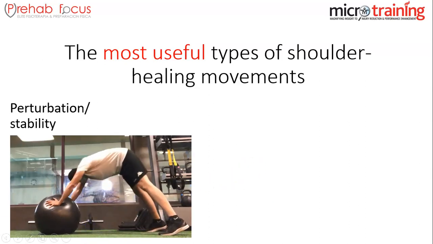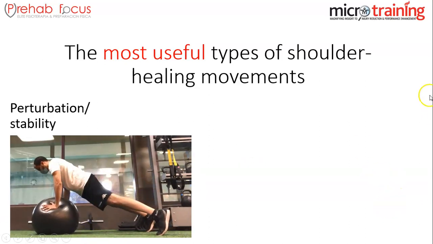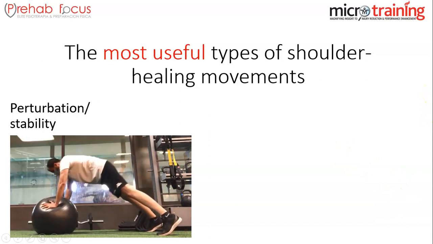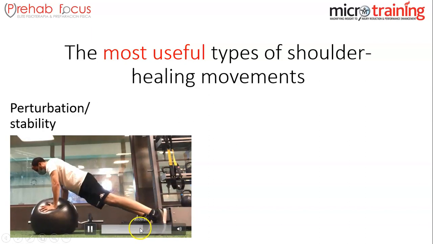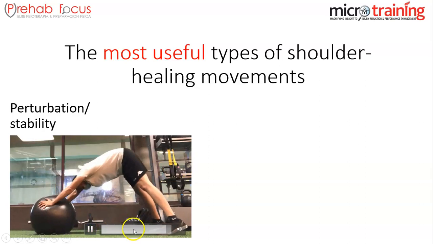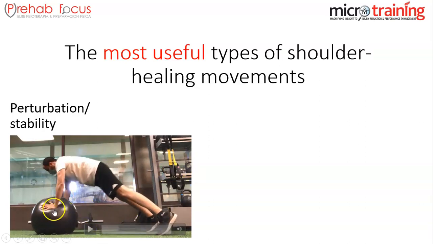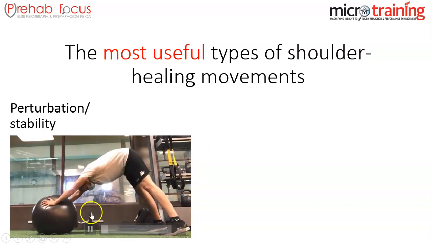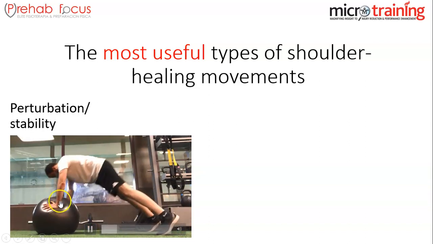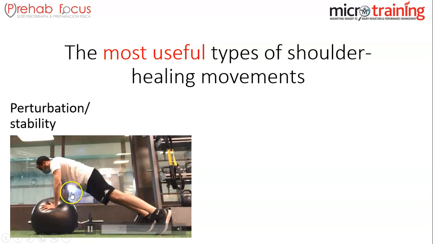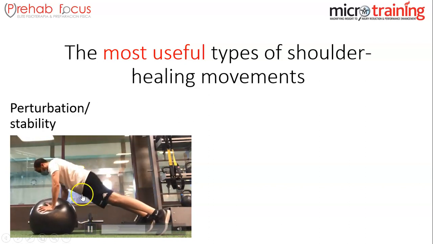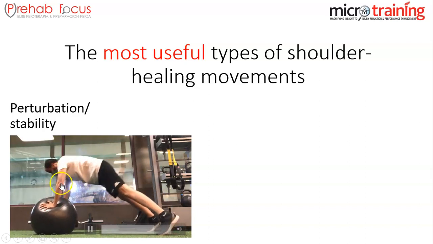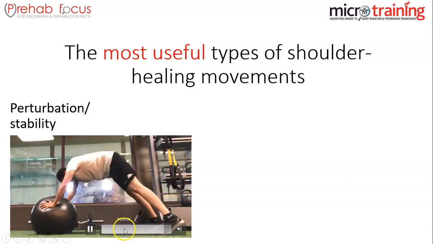Okay, we have here a not so easy variation. This is basically the next progression, one of the hardest progressions. Basically what happens here is that we are trying to stabilize movement from a push-up position on an unstable surface, and trying to activate serratus anterior all the way up, pushing back and moving arms overhead.